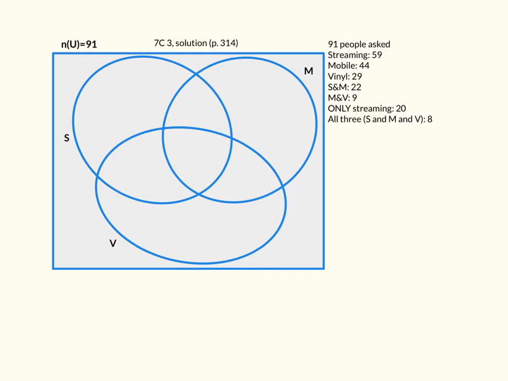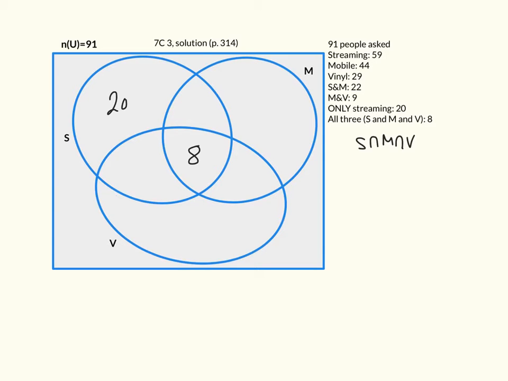So that's 8 who listen to all three, and that would have to be the intersection of S and M and B, right? And only streaming, that would be this part of this circle. So we know that this must be 20 of the people.